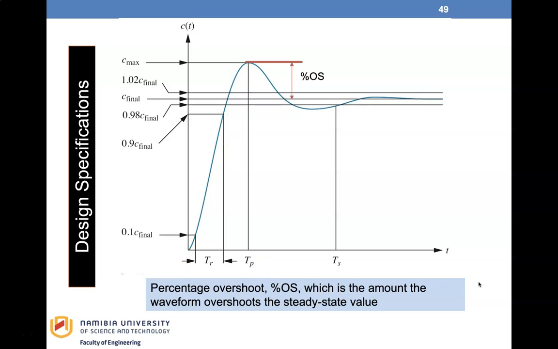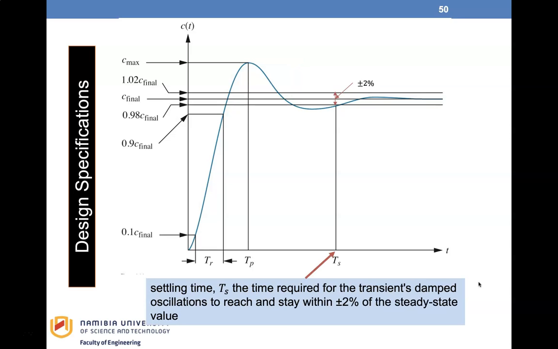And then we have percentage overshoot, which is the amount the waveform overshoots the steady state value. And then settling time, the time required for the transient damped oscillation to reach and stay within plus or minus 2% of the steady state value.